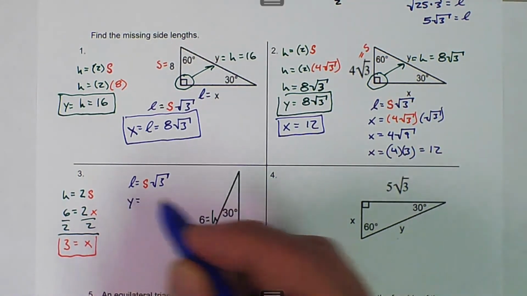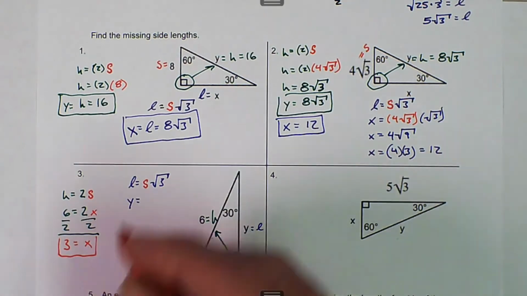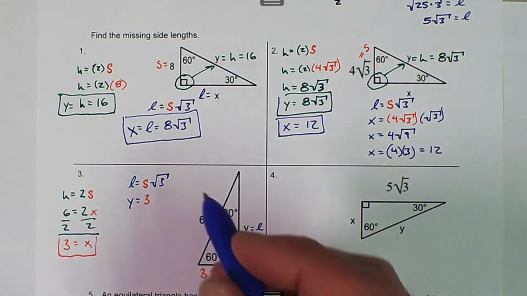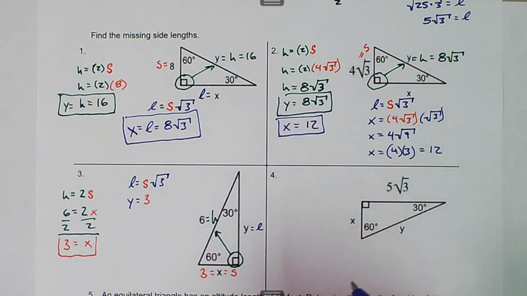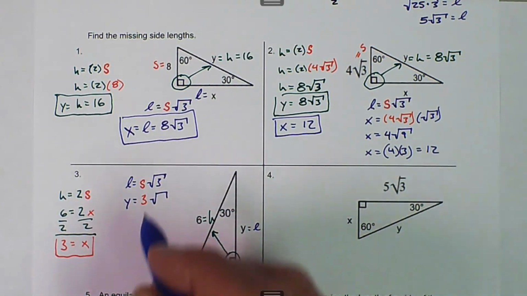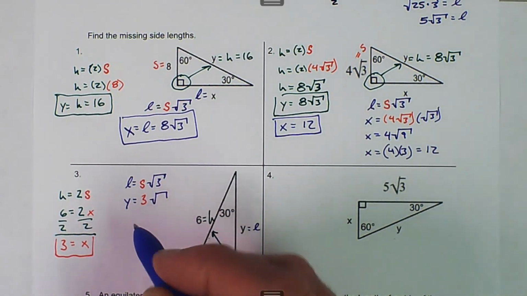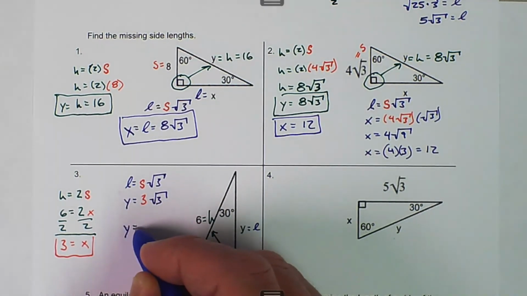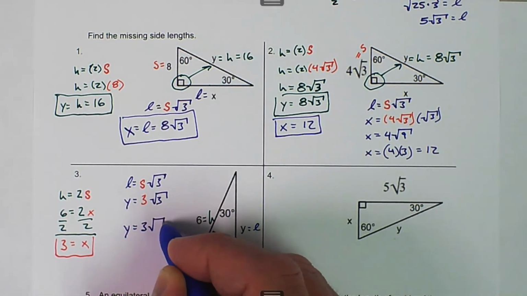So y is equal to 3 times the square root of 3. And so that is our solution. So we get y is equal to 3 times the square root of 3.